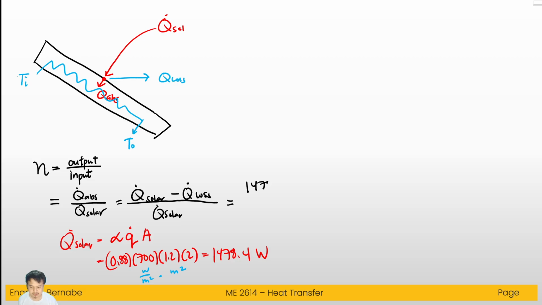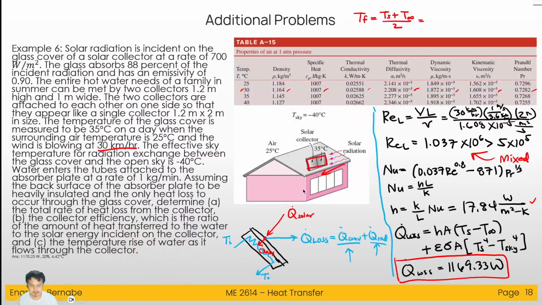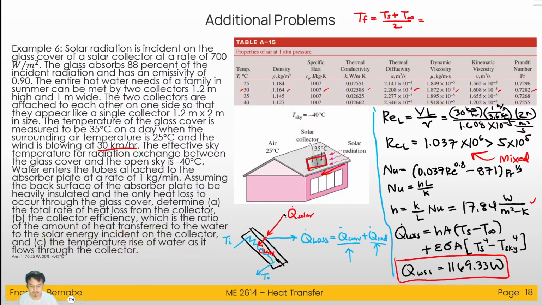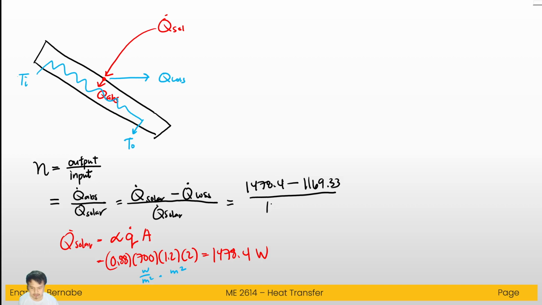So 1478.4 minus the heat loss, 1169.33, and then divided again by 1478.4. So we can see the efficiency, the solar efficiency.